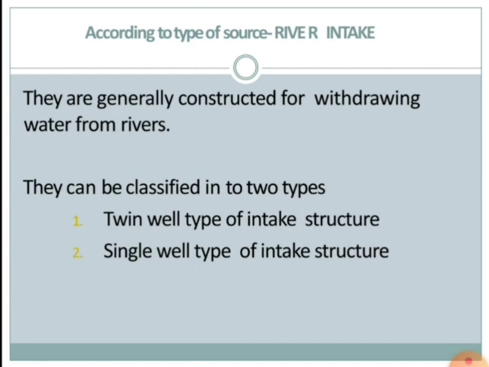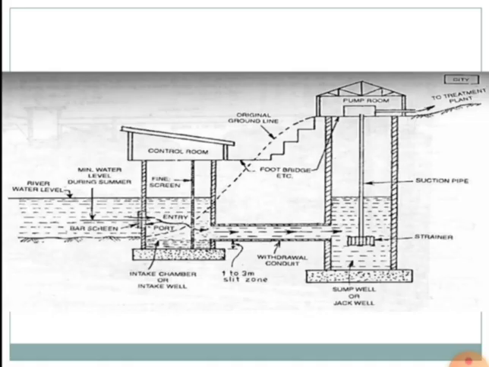So in the case of a river intake, it is located in such a way that it is sufficiently inside the river so that during all seasons the requirement of water will be met. And also the intake tower in the river intake permits the entry of water through several points, like I show you in the figure here.